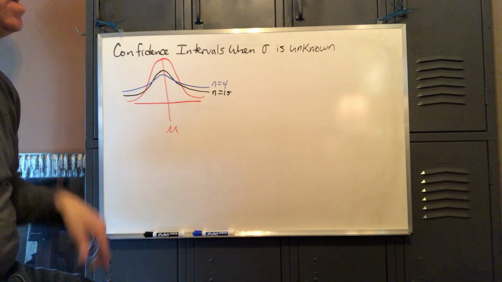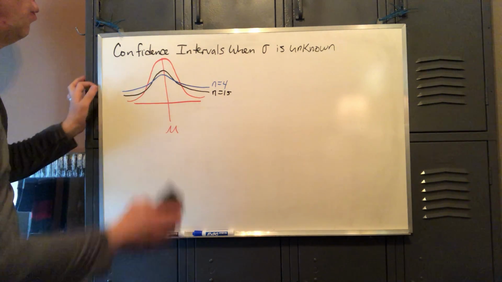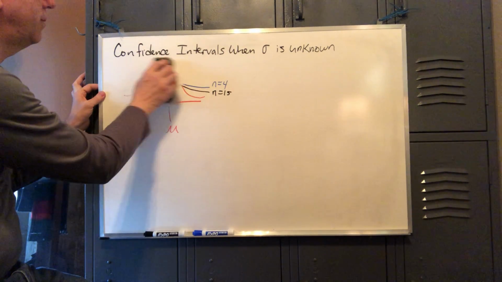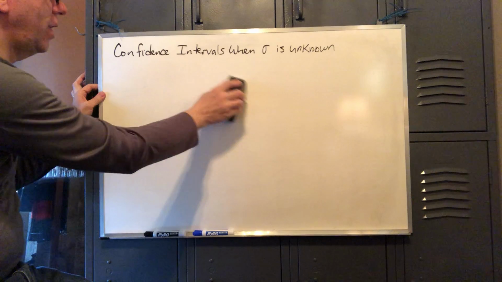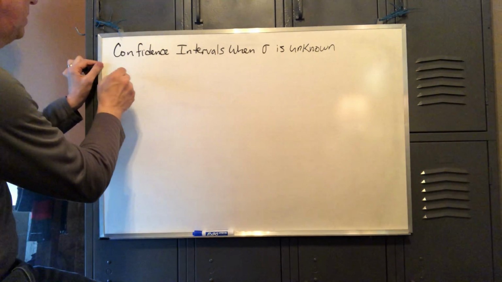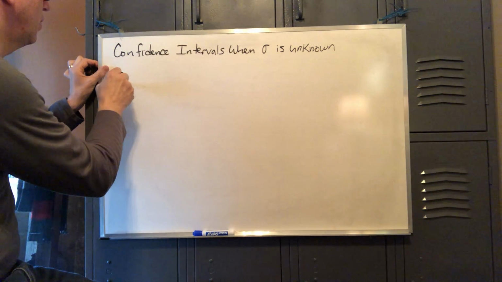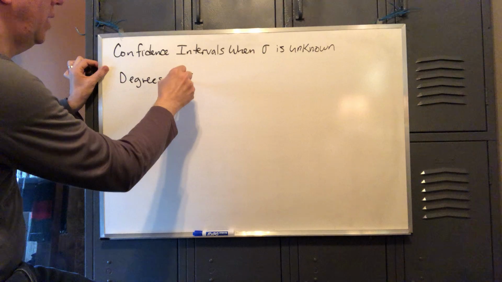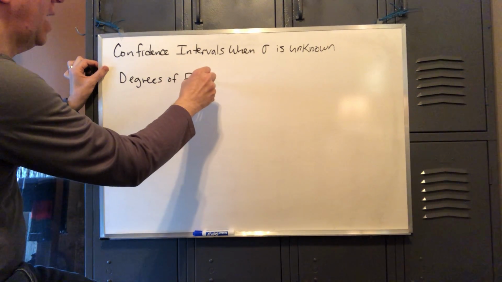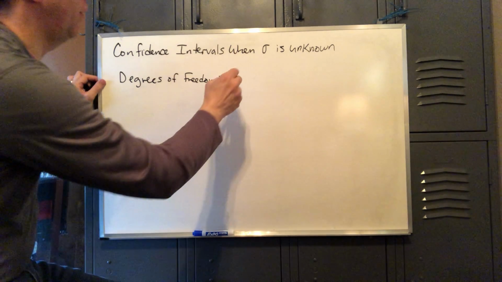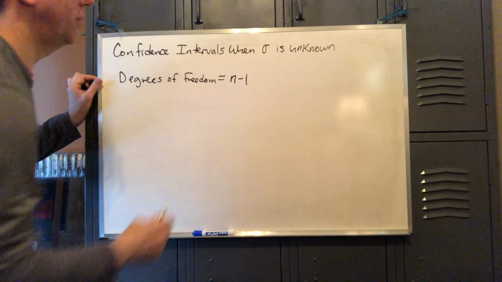So when we do confidence intervals, when sigma is unknown, we're going to use a t distribution. So we have this strange word, or strange 3 words, degrees of freedom. So we base these on degrees of freedom. I have no idea where they got this name, but we have it. And for this t distribution, our degrees of freedom are n minus 1, sample size minus 1.